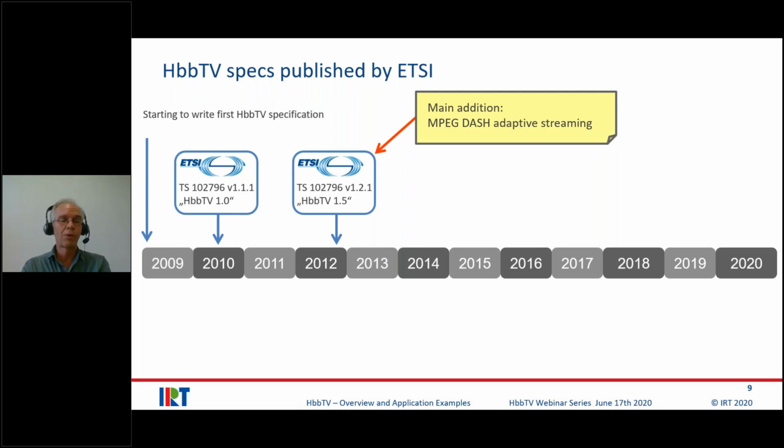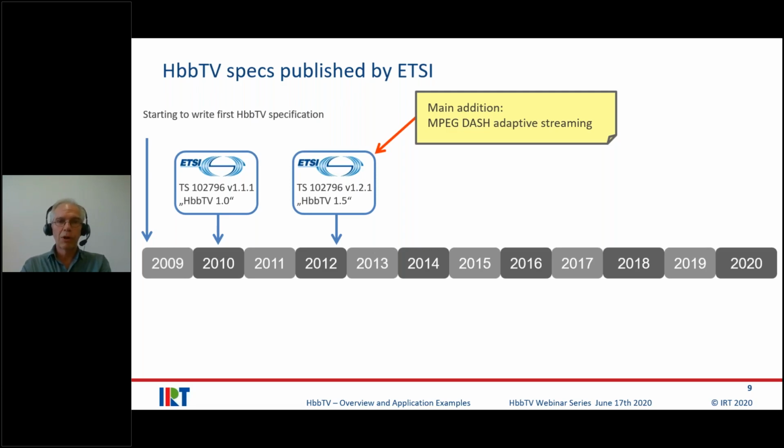So 10 years ago, the first version of HbbTV has been published. 2 years later, an updated version, HbbTV 1.5, with its main point of adding MPEG-DASH adaptive streaming.